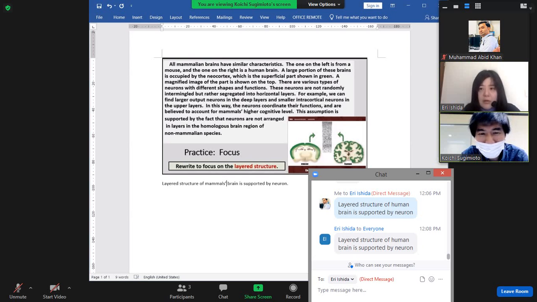The meaning of supported is the same as constructed. It is. Okay, so we have to use other words. Sorry, I just understand. Neurons are placed in a layered structure, so they function properly. It is meaningful. I just understand that. So what is the appropriate word for supported? Okay, support.